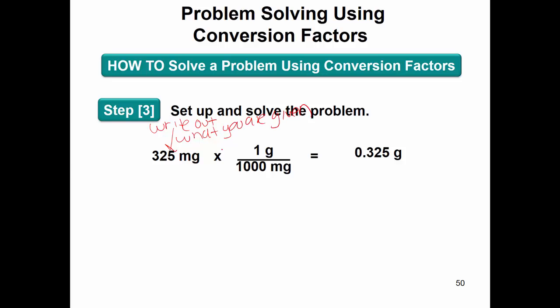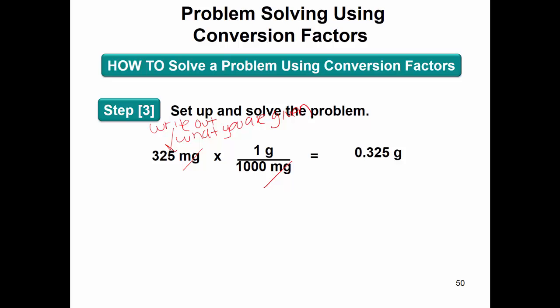So the first thing you do is write out what you are given. Then I draw my multiplication sign, and then I draw my fraction, and then I think about how I'm going to plug in the unit factor. Since milligrams is here, I must have milligrams in the denominator so that they cancel. So we put the 1,000 on the bottom and the 1 gram on the top.